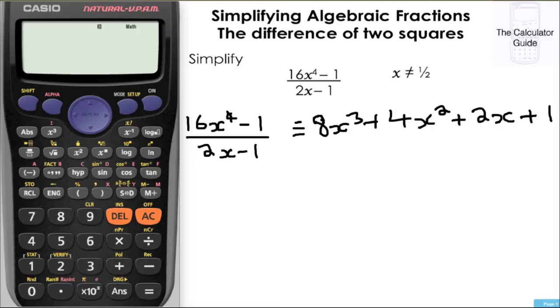And what I'm going to do is use the calculator's verify mode to check that that is correct. So press mode and then 4 to enter the verify mode, and then start inputting your fraction first. Use the fraction button and perhaps use brackets just to separate the two sets of terms on the top and bottom.